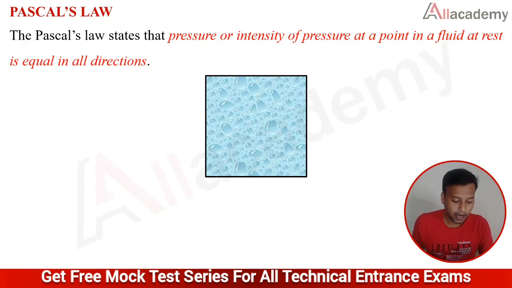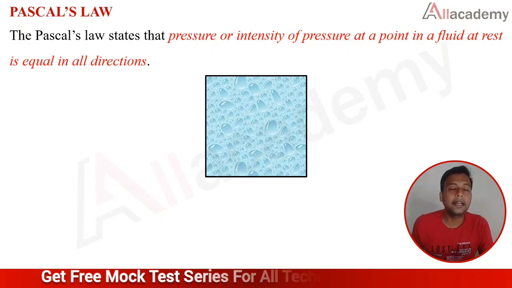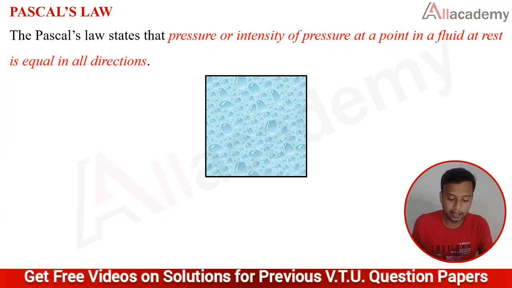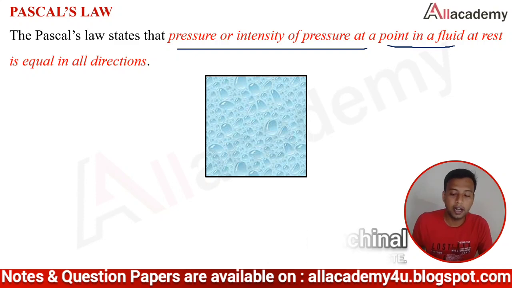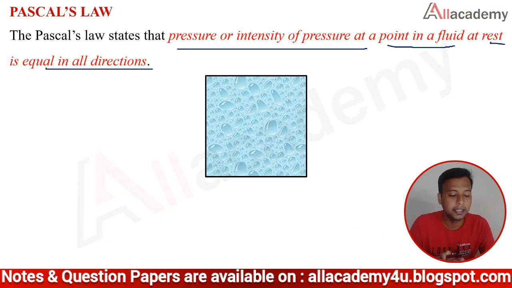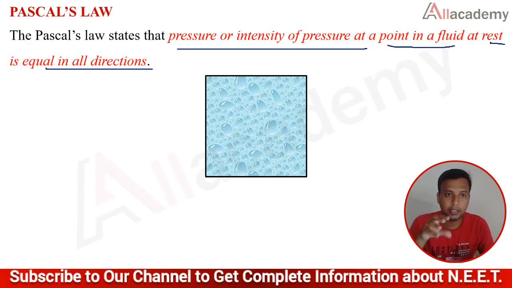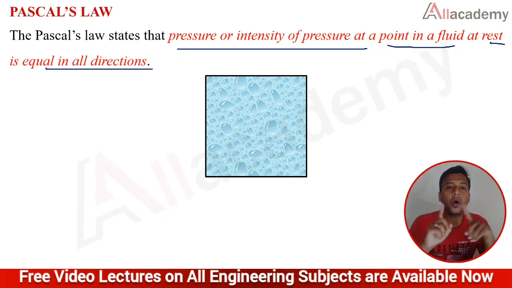As per the definition of Pascal law, it states that the pressure or intensity of pressure at a point in a fluid at rest is equal in all directions. It means that if the fluid is at rest, then the intensity of pressure at a point will be equal in all directions.